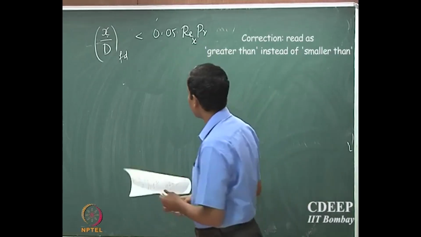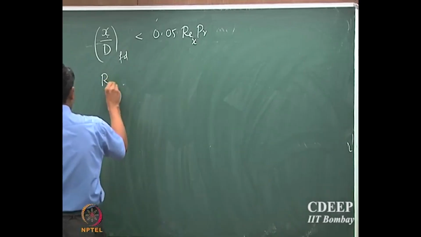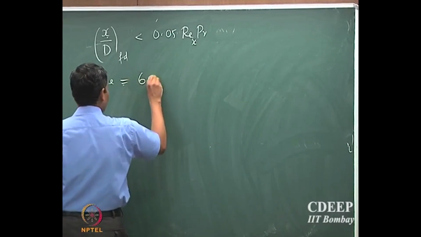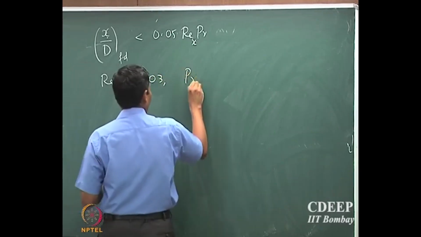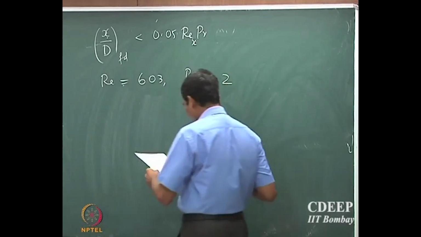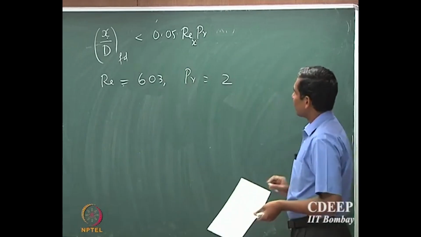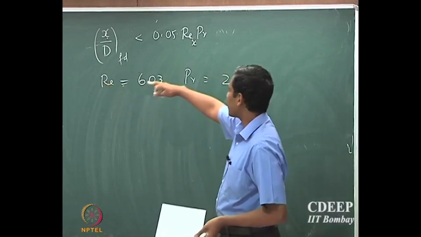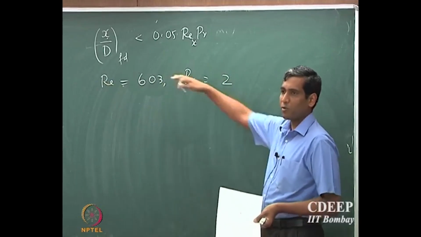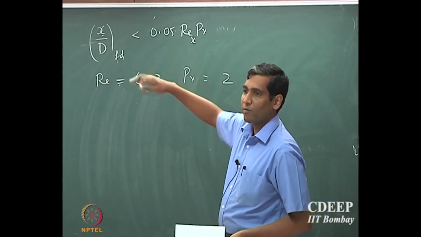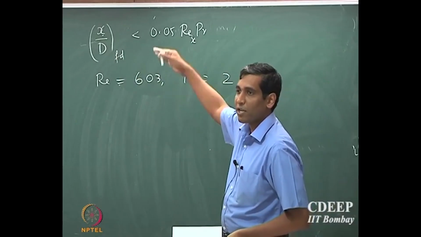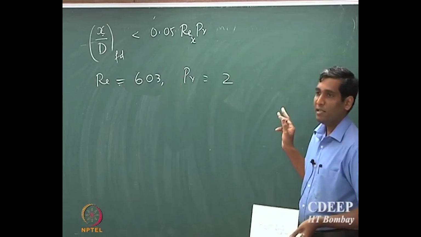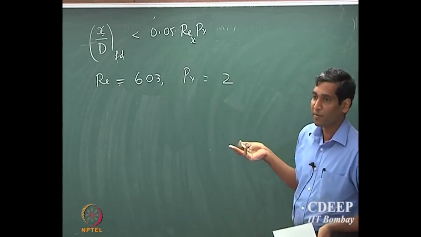So we can calculate the Reynolds number and Prandtl number. Reynolds number is about 603 and Prandtl number is about 2 or something like that. So it will be much higher than x by D. In fact that was one of the things we discussed when we started the discussion on convection and internal flows. So if this condition is satisfied, then you can assume that it's a fully developed system.